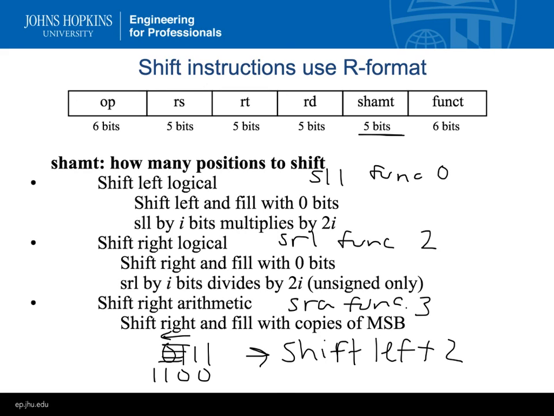So shift right is going to go, if we shifted that right 2, it's going to be 0, 1, and these will shift out and fill with 0. And then shift right arithmetic, if we shifted this right 2, we would fill with the most significant bit. In this case, this is the most significant bit, and it's a 1.